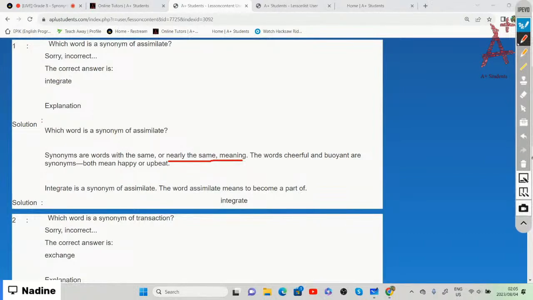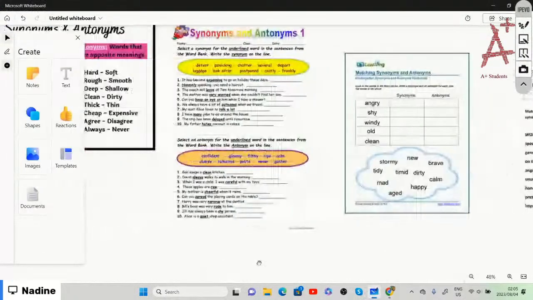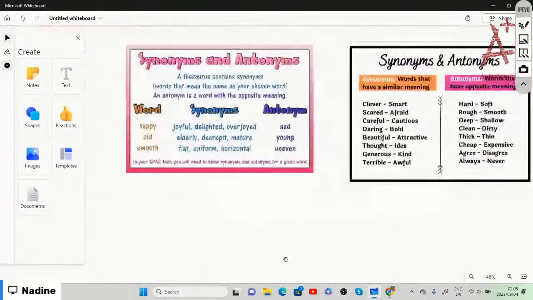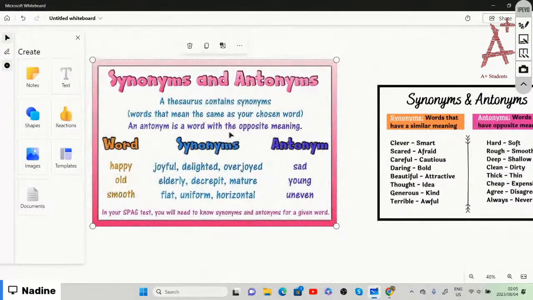All right, so before we continue, let us quickly go to the whiteboard. So here they say that we are doing synonyms and antonyms. A thesaurus contains synonyms, so if you go to a thesaurus, you will find lots of synonyms.